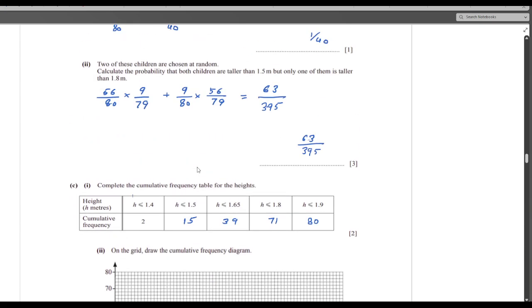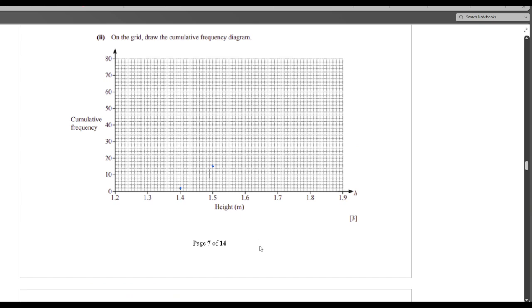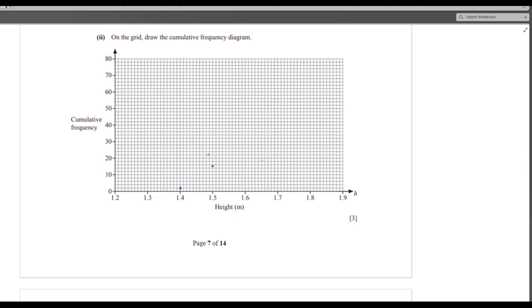Then for 1.65 we have 39. So this is 1.6, 1.61, 62, 63, 64, 65. So for 1.65 we have 39. So here this is 39.